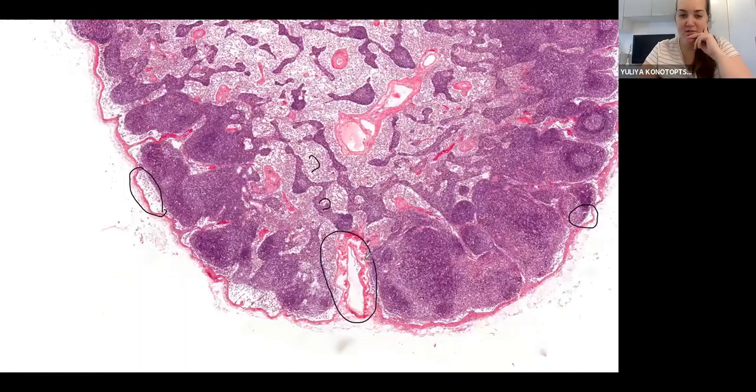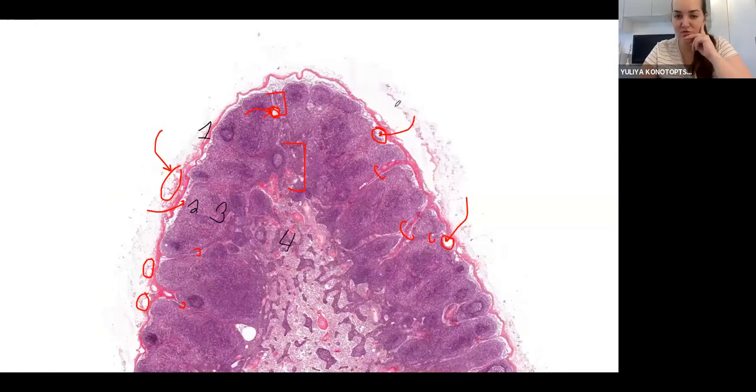Efferent lymphatic vessel, subcapsular sinuses, medullary cords, medullary sinuses. Those are trabecular vessels, like a small artery, trabecular veins, and so on. Somebody asked me a very good question: what's the purpose of the trabecula? They could also ask you this: why do I have them here? Trabeculae are an express road for the blood vessels. For blood vessels outside the capsule, it's very difficult to get into the organ.